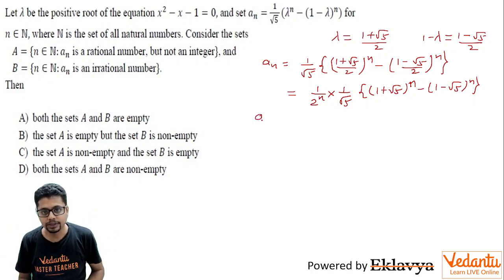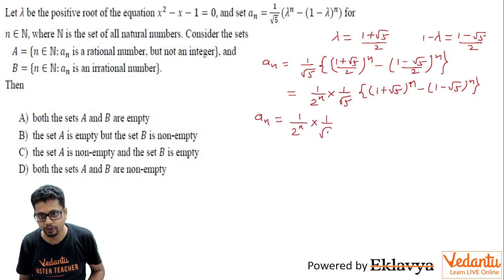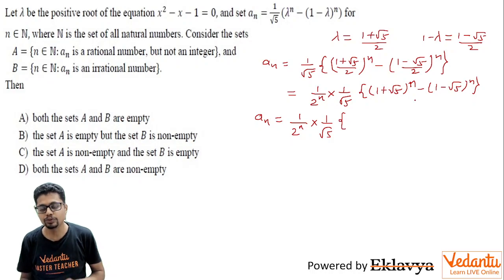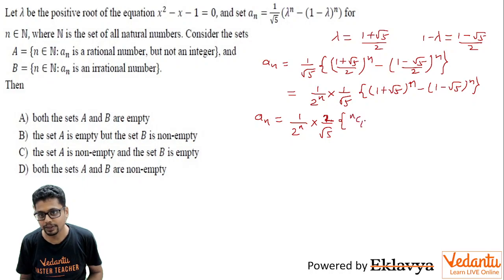So what I am trying to say is an is 1 by 2 to the power n multiplied by 1 by root 5, and as you use the binomial expansion, the expression in the curly bracket is essentially 2 times (nC1 root 5 plus nC3 root 5 to the power 3 plus nC5 root 5 to the power 5 plus so on).